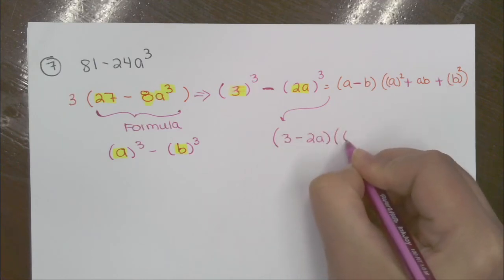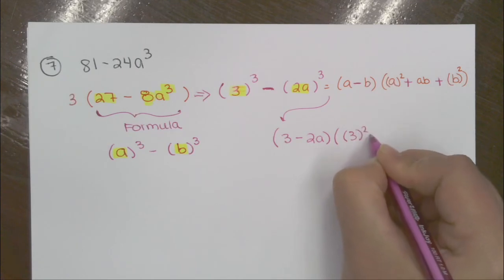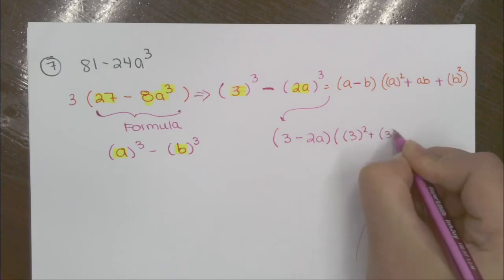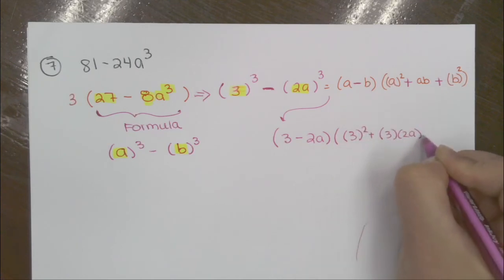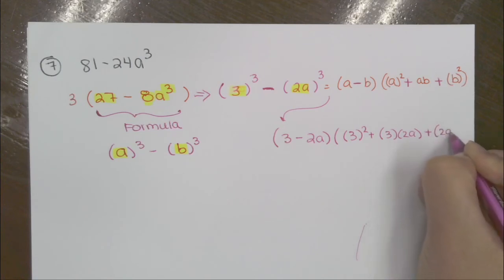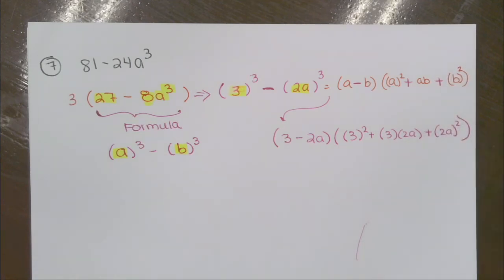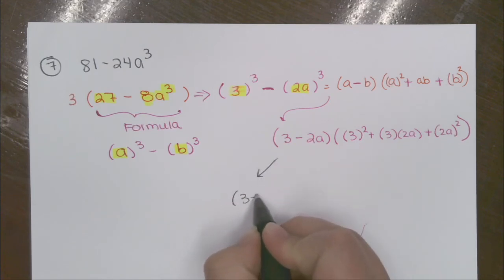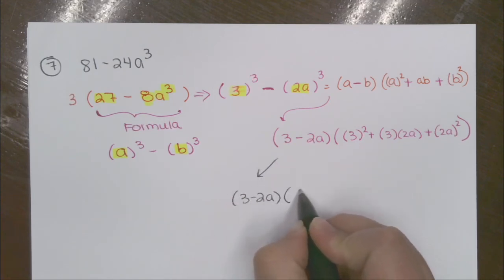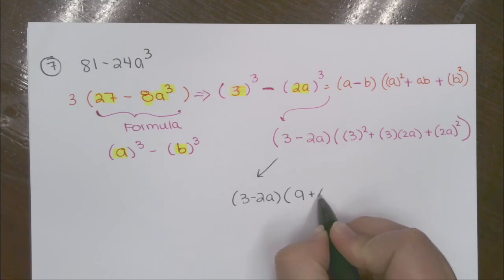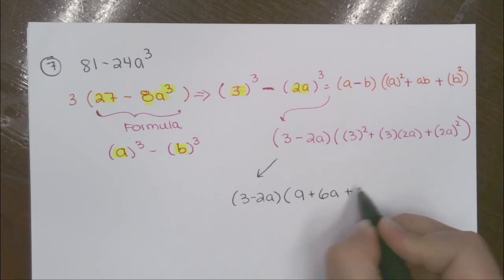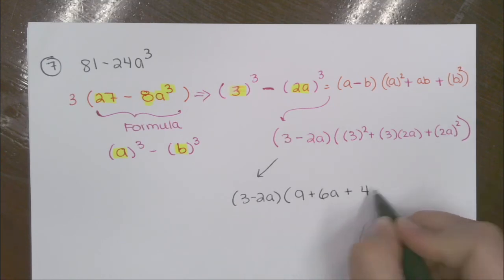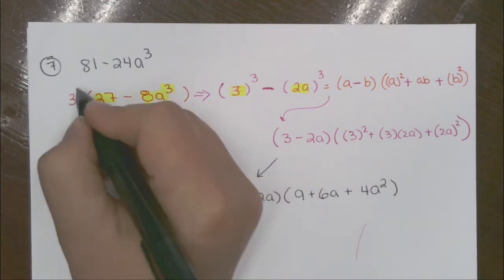Then we have inside a bubble 3 squared plus 3 times 2a plus 2a squared. Close it up. One last time, we got 3 minus 2a, 9 plus 6a plus 4a squared.